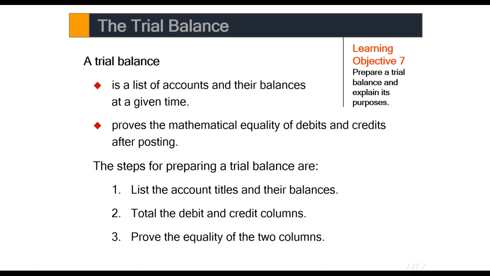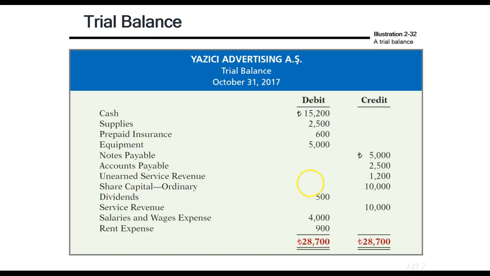We take what's called a trial balance. We list the accounts and their balances. And it simply looks like this. It's not a formal financial statement. You can list them in any way you want. But we have 2 columns, a debit column for the debit balance accounts and a credit column for the credit balance accounts. And therefore you can see that they have balanced.